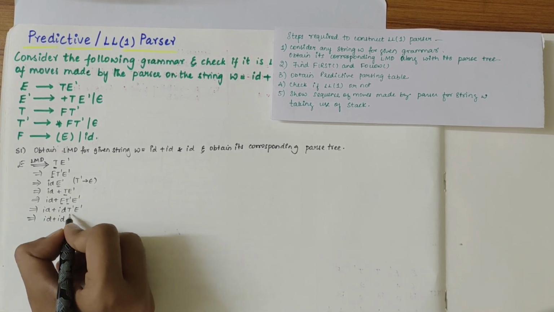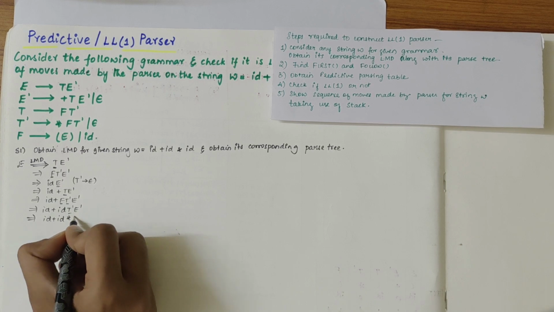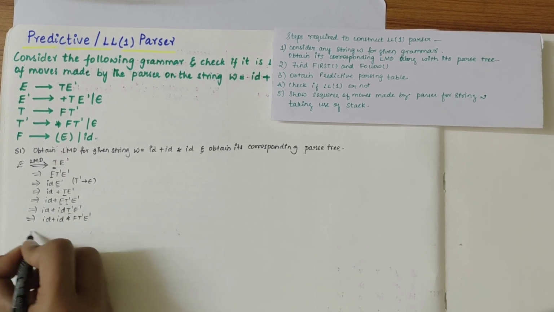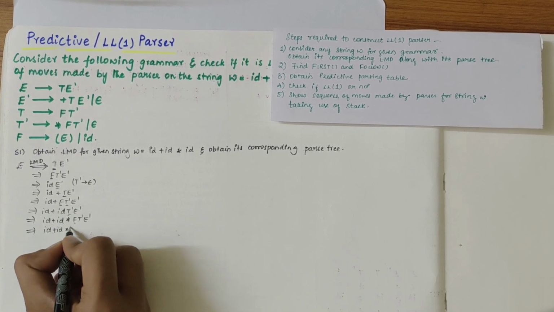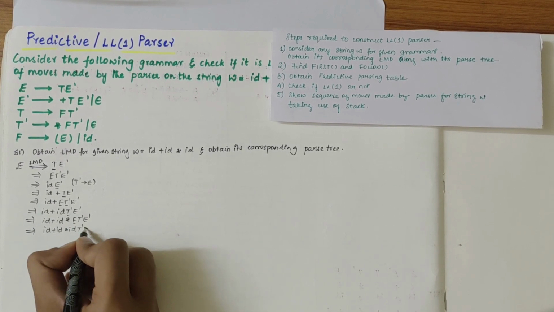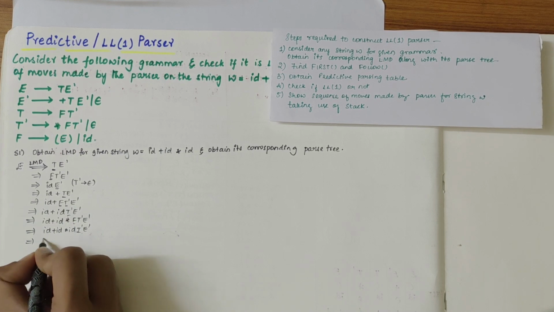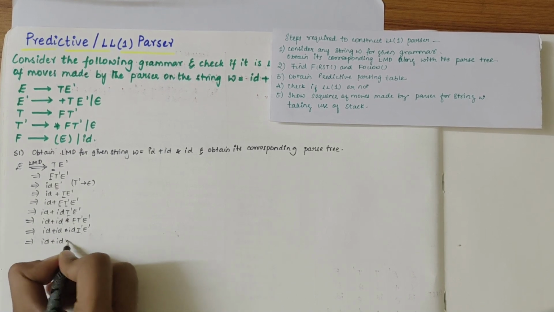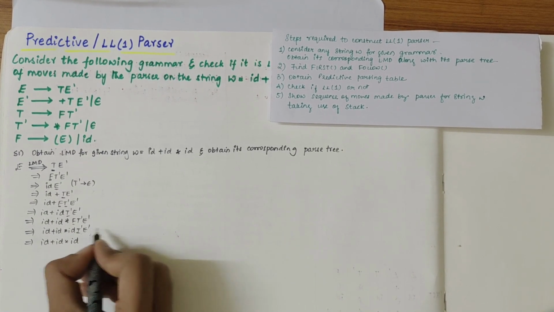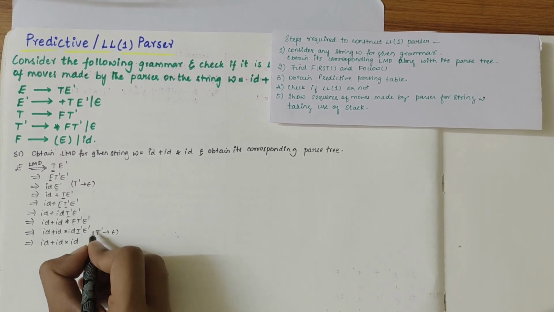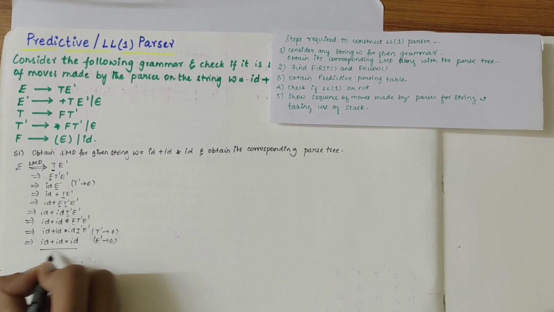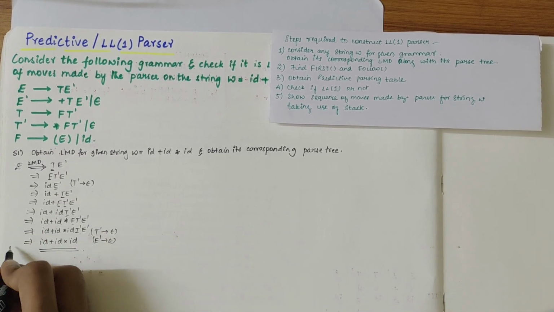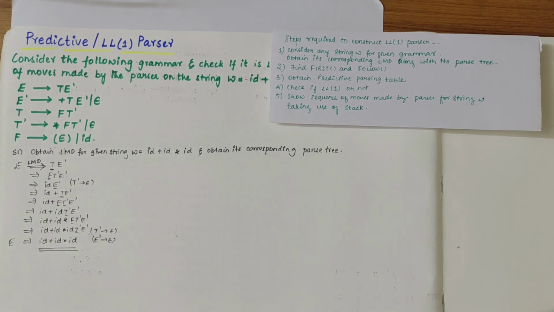ID plus ID, and this T can be written as star FT dash E dash. Further ID plus ID star F can be written as ID T dash E dash. This T dash can be written as epsilon, and E dash derives epsilon. So you need not write anything there. So here we have obtained the W, the string which was required.